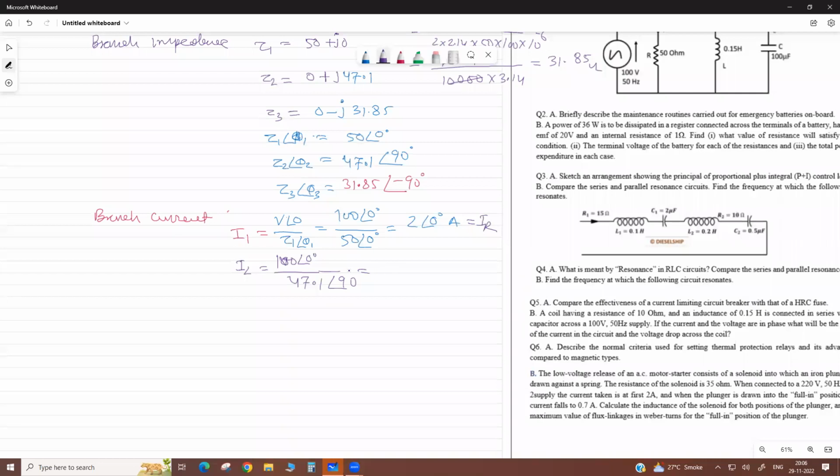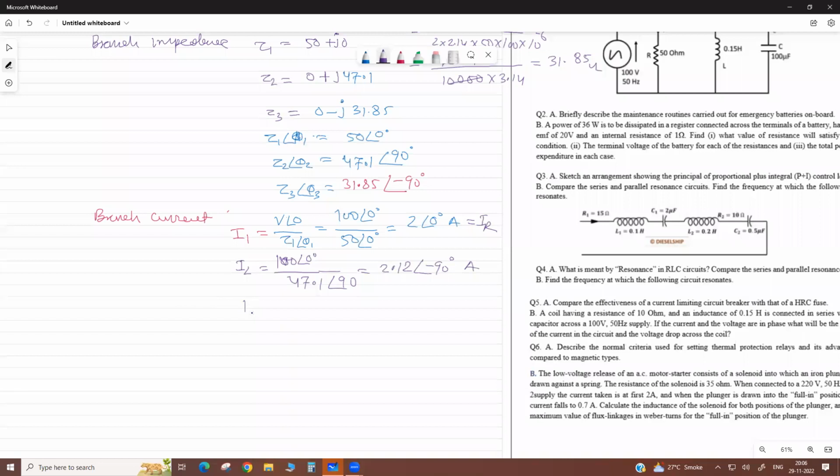So 100 divided by 47.1 comes 2.12 ampere, angle is minus 90, means current lags in the inductor.